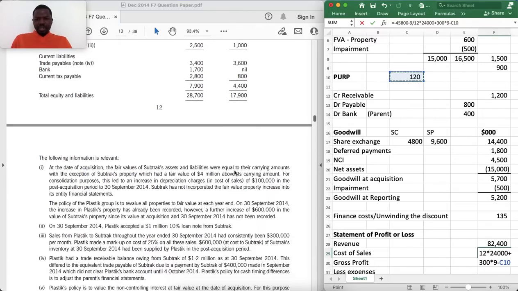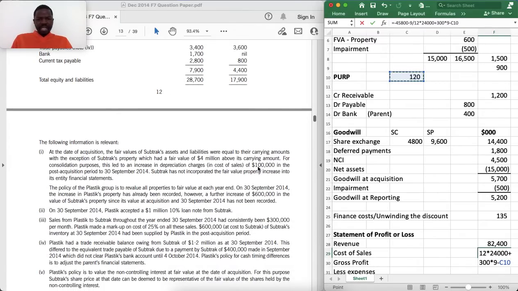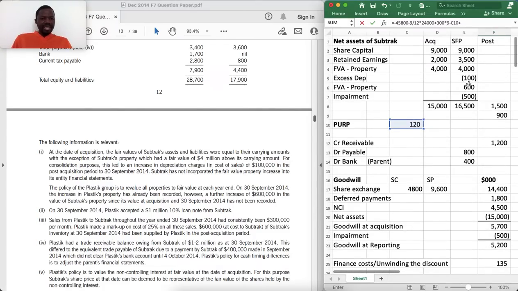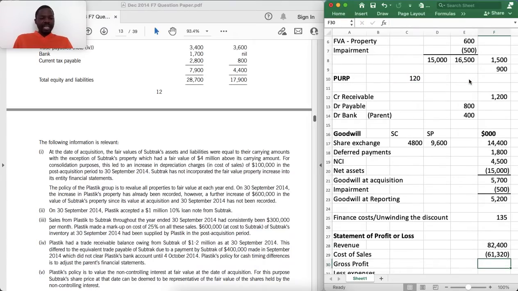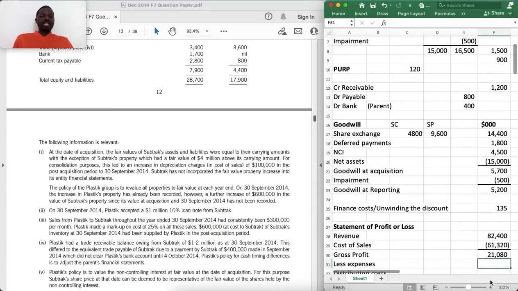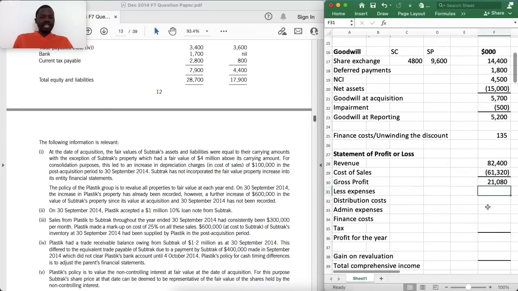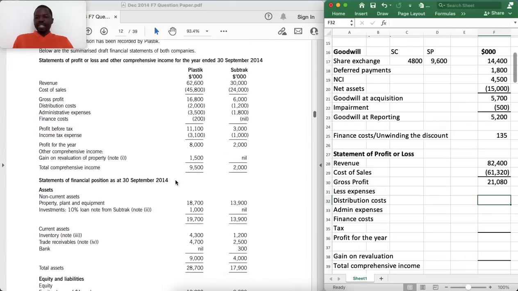What else are we told to go into cost of sales is that excess depreciation of 100. We typed it here, excess depreciation of 100, like that. So we get our cost of sales. When we sum with the sales, we get our gross profit. Then now we come to our distribution expenses.